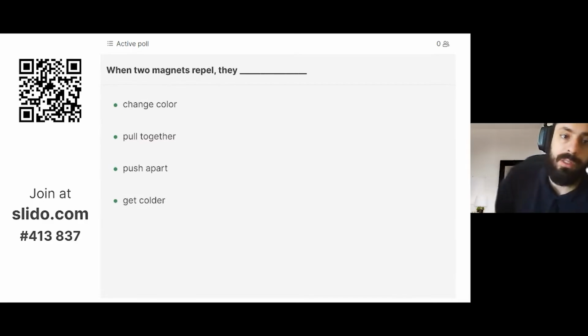Okay, so we got another question. I'm going to give you another minute, guys. You need to try and join and participate in slido.com. When two magnets repel, do they change color, pull together, push apart, or get colder?